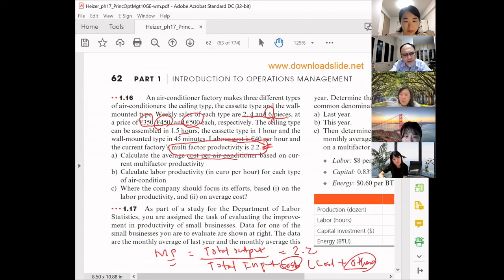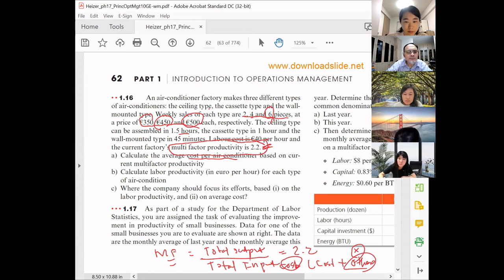So you multiply to get how many hours to produce, then multiply by 40 euro to get the labor cost. Understand? So labor cost is known. You can put the value plus X. X is unknown, because that is the other cost for calculating the productivity.